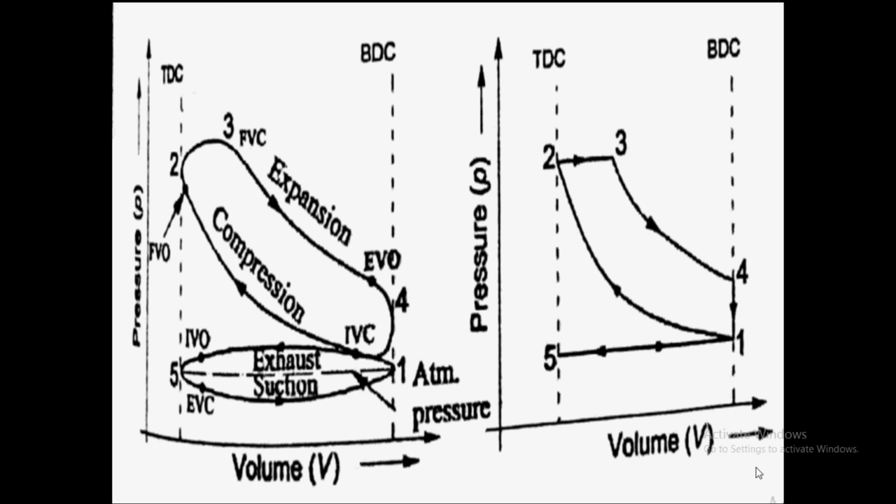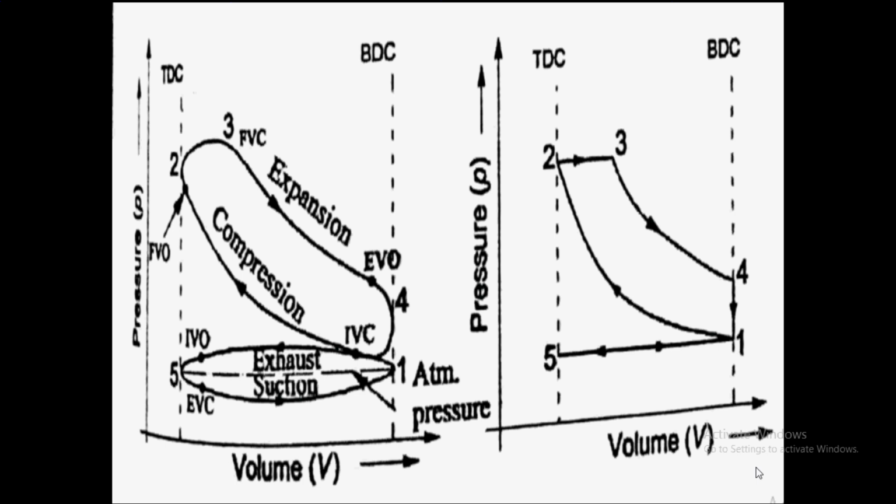The combustion takes place at constant pressure as shown by the line 2 to 3. Actually, combustion at constant pressure is not possible as fuel will not burn completely as it is introduced into the cylinder. Then the charge is adiabatically expanded in the cylinder as shown by the line 3 to 4.